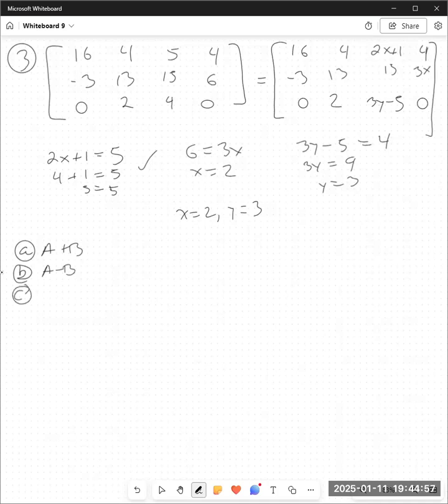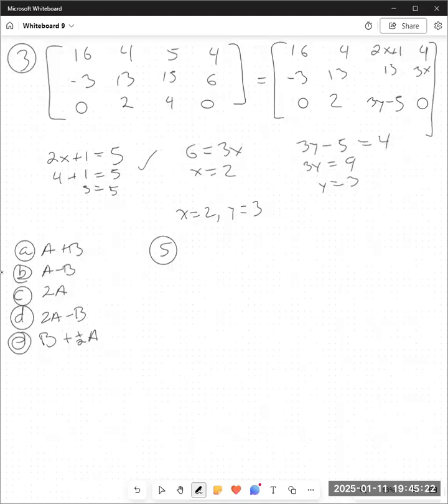Part C says to find 2 times the first matrix. Part D says 2 times the first matrix minus the second matrix. And E says the second matrix plus half of the first matrix.